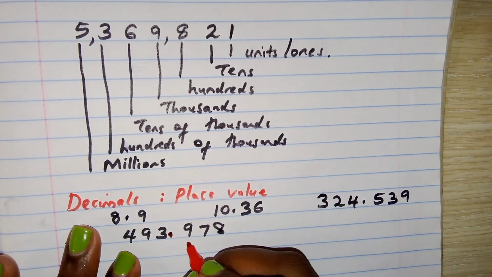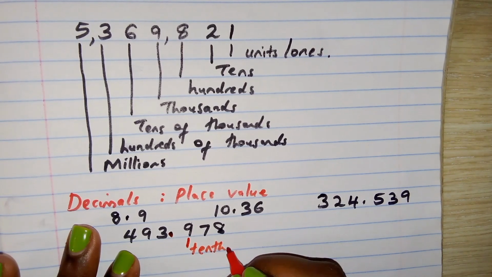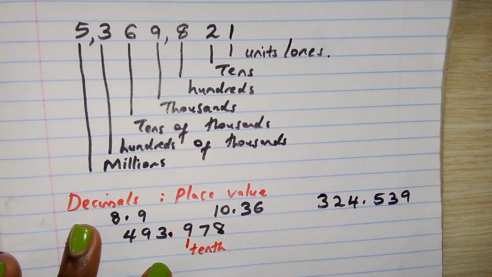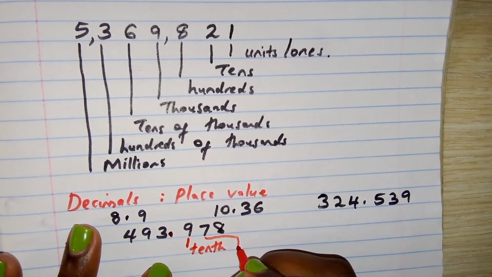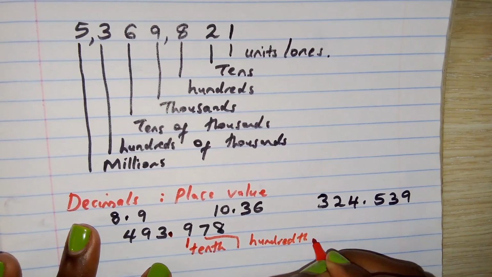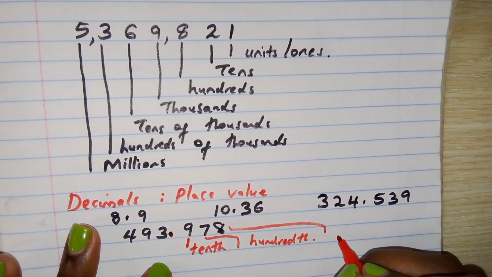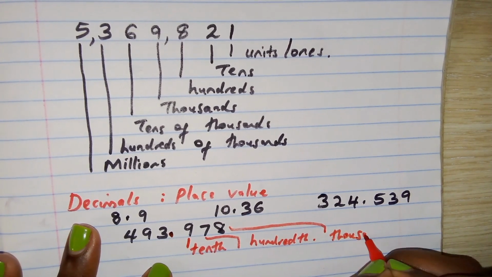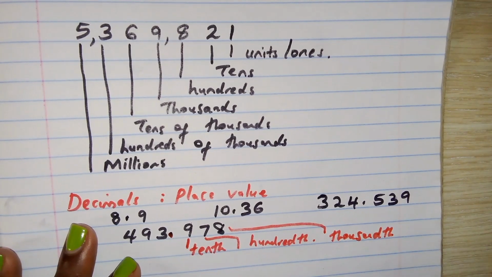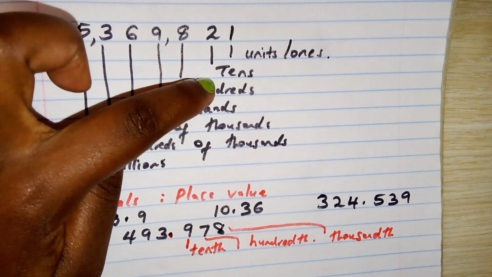The first digit is called tenth, with a th at the end. Then the next is hundredth, and the third is thousandth. You notice we don't have a oneth; we always start with a tenth.